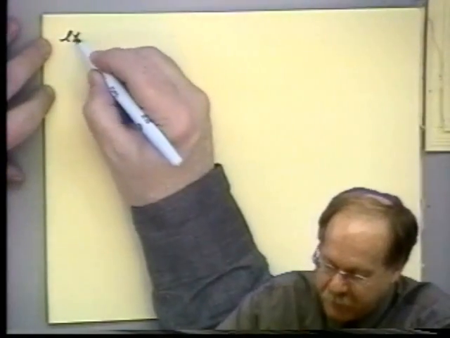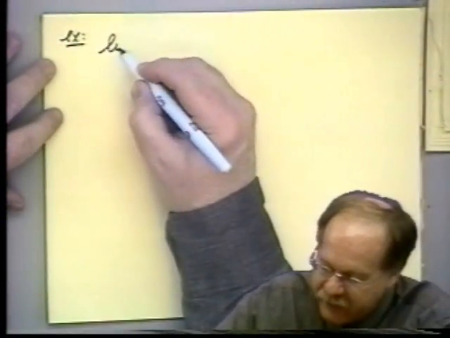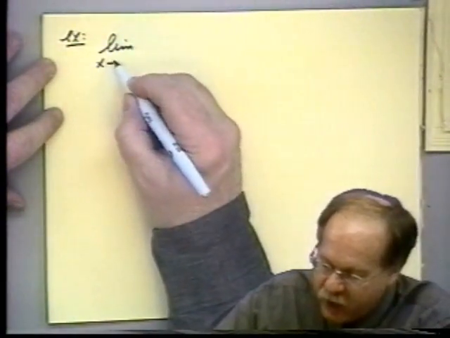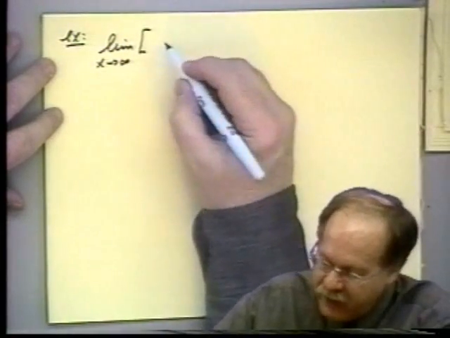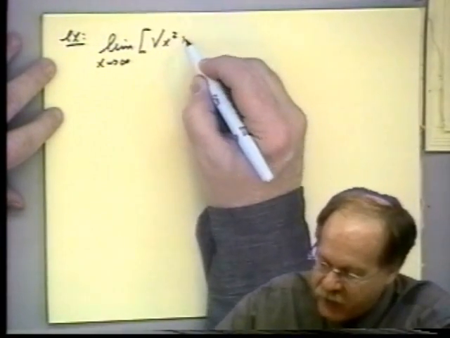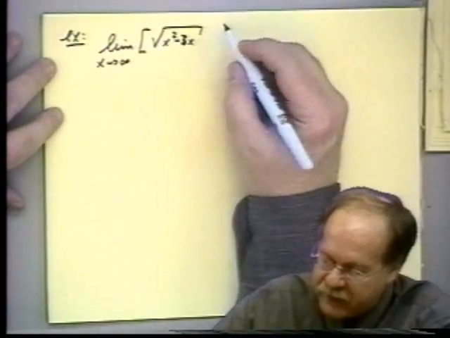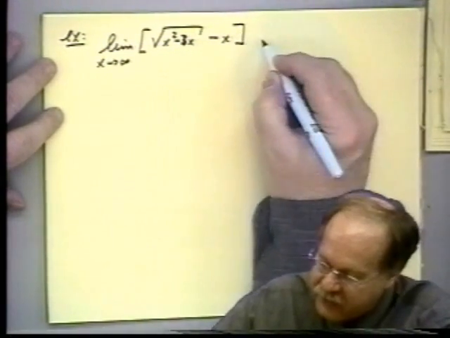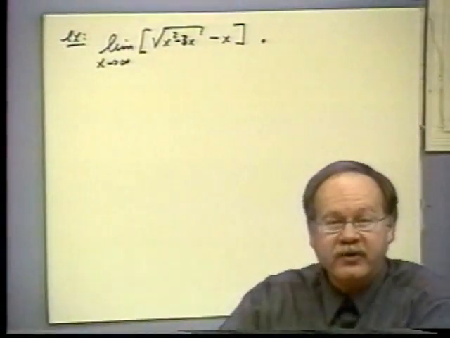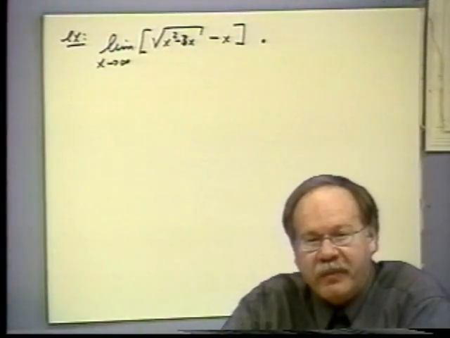Let's look at another example. Let's take the limit as x goes to infinity of the square root of x squared minus 3x, minus x. Go ahead and try that, and I'll be back in a moment.